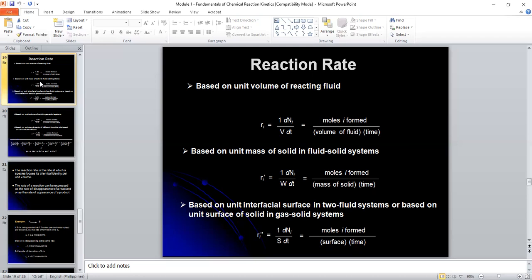Because later on, when you speak of kinetics, you will also be asked about the rate law. The rate law does not have any derivative in it. It will only have the rate constant and the concentration terms. You will know that when we're there. But for now, we're talking about the reaction rate equation or the reaction rate expression.